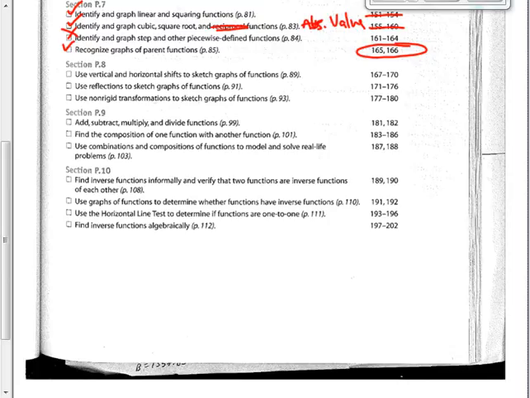Section P8 was the last section that we did. Use vertical and horizontal shifts to sketch the graphs of functions. We took a look at that. So 167 to 170, all of those things we talked about. Use reflections. We talked about using reflections.